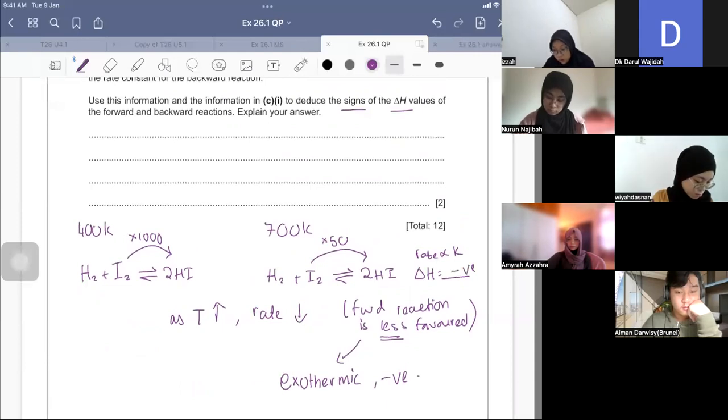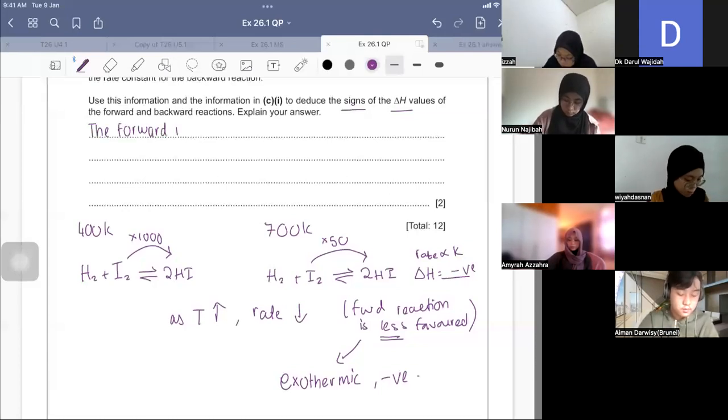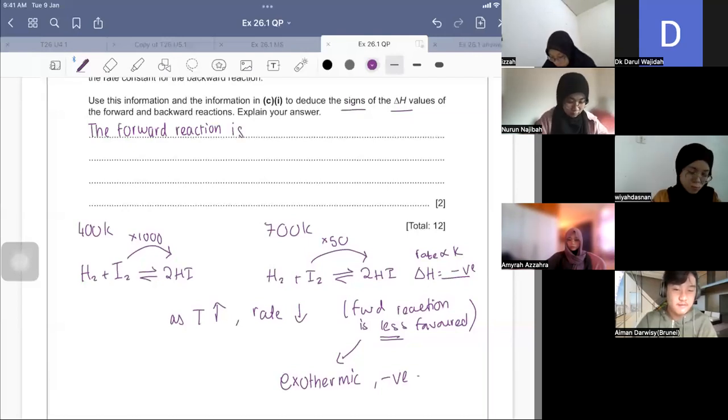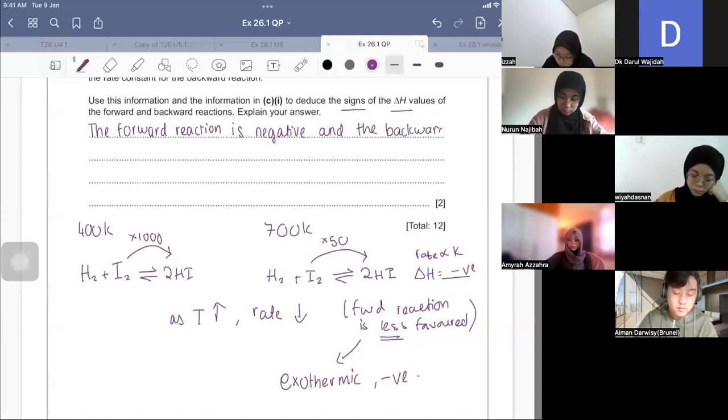And explaining our answer, wait, what does it want? It wants us to deduce the signs of the delta H values of the forward and backward reactions. The forward reaction is negative and the backward reaction is positive.